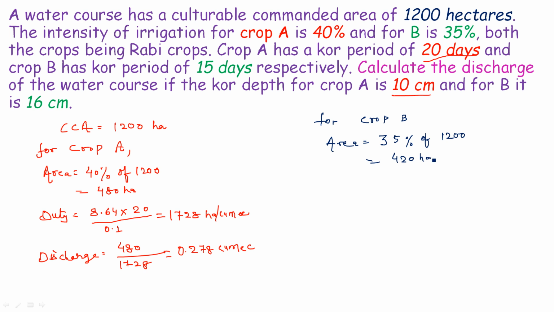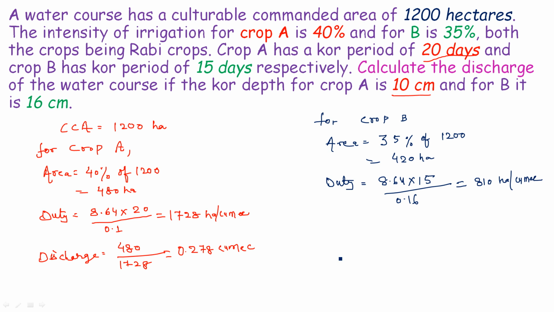Now similarly we can find duty by the formula 8.64 into the crop period, which is given as 15 days, divided by crop depth, which is given as 16 centimeter, that is 0.16. So it comes as 810 hectare per cubic.